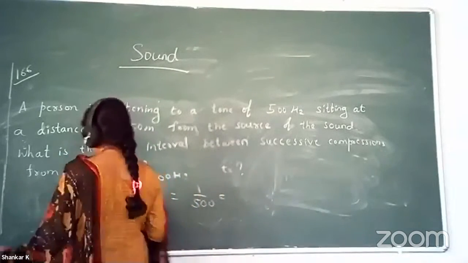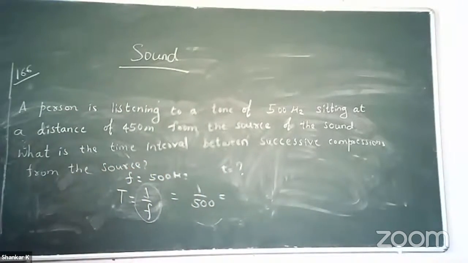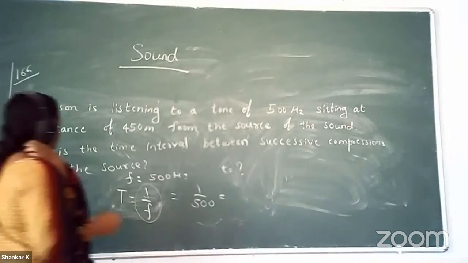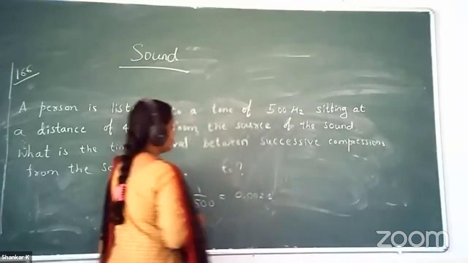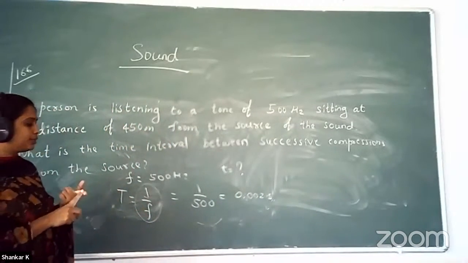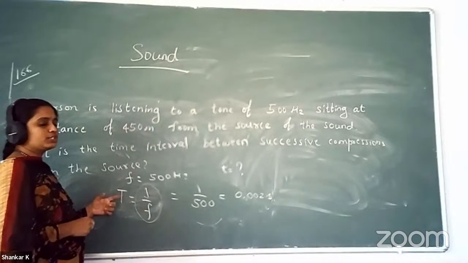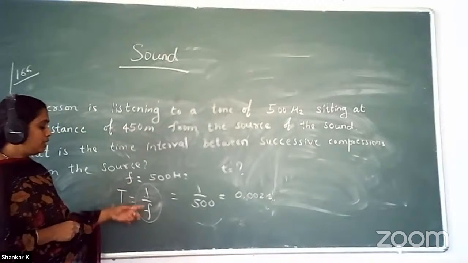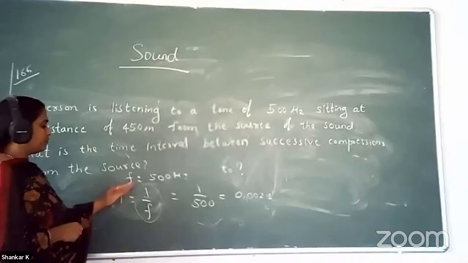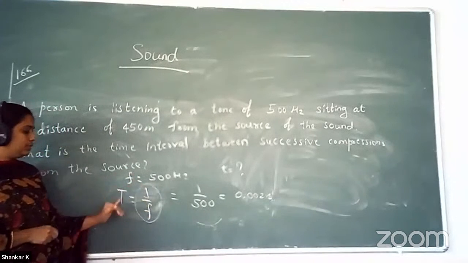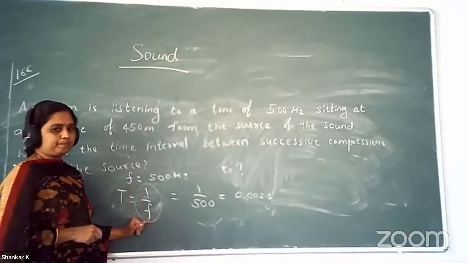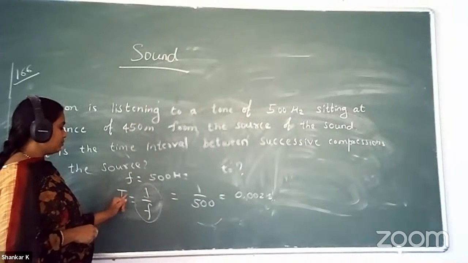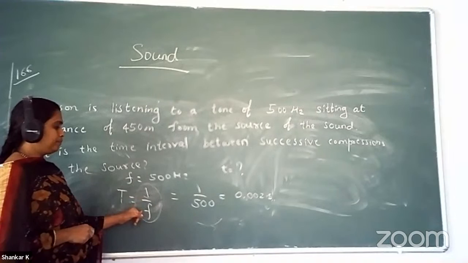The answer is 0.002 seconds. When the time period is asked, it is 1 divided by f. When the frequency is asked, it is 1 divided by T, the time period.